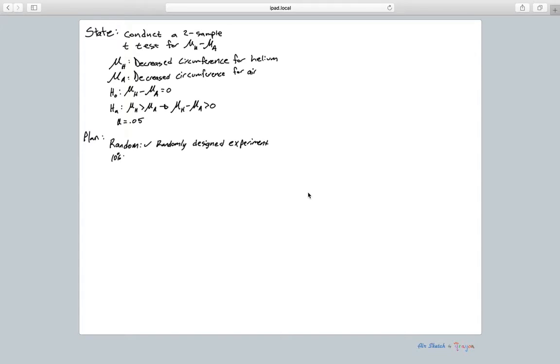Well, there's not a population really of balloons. They're continually manufactured. So we'll just say balloons are independent. And then large counts.